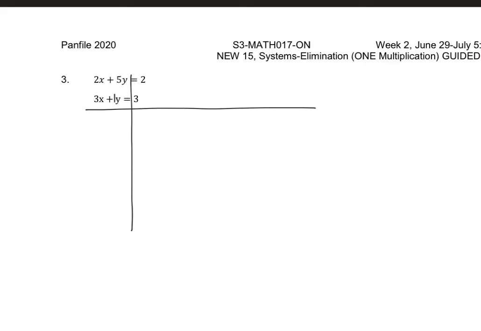Because here my problem is not only that the number doesn't match, but that the signs are also the same. Because remember, our two goals: I want opposite signs, same numbers. So, I do not have opposite signs, and I do not have the same numbers.